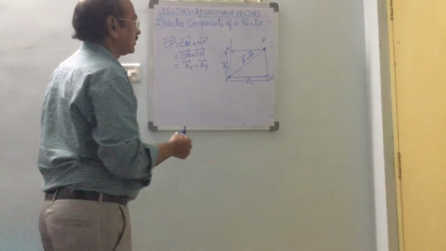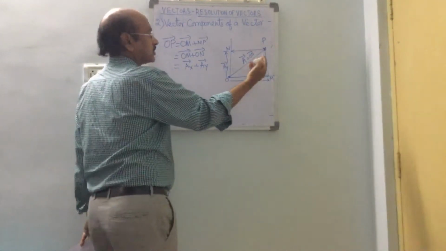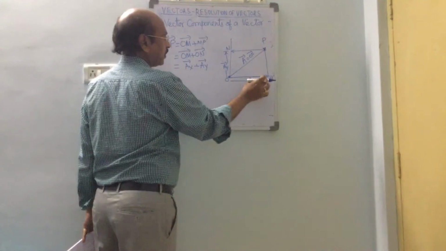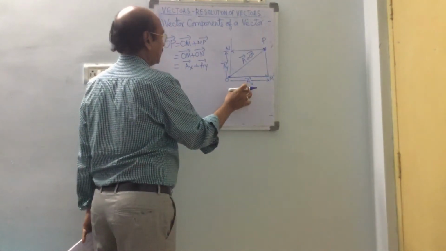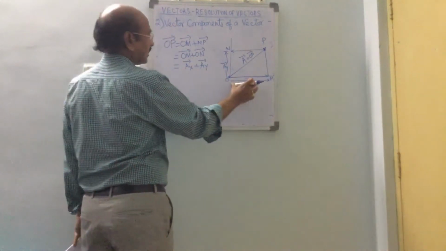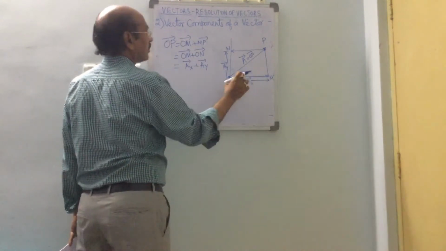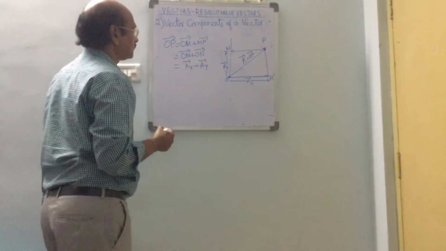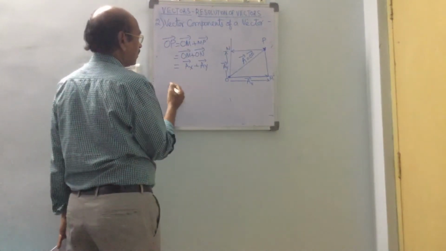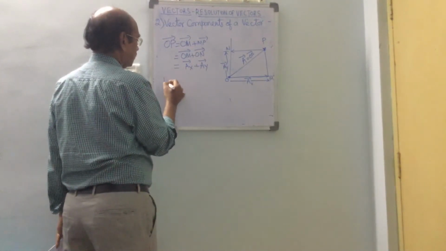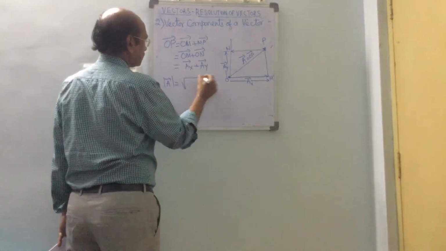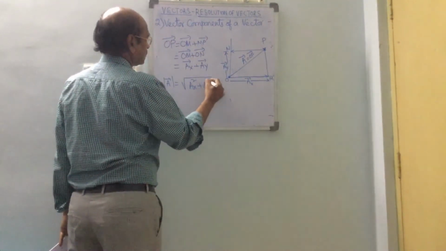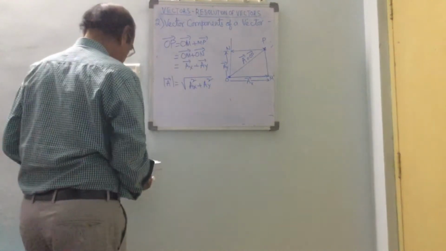So here, when we take projection from P to the x-axis, then OM bar is equal to A X bar. It is called the X component of A bar, and the Y component of A bar is A Y bar. Therefore, magnitude of A bar is equal to root of A X square plus A Y square.